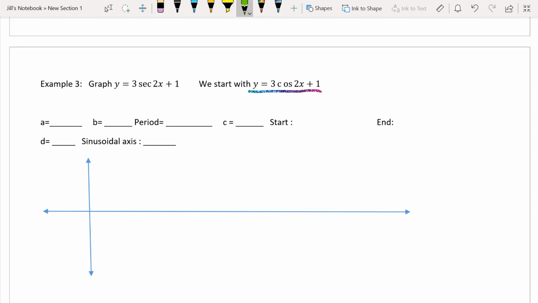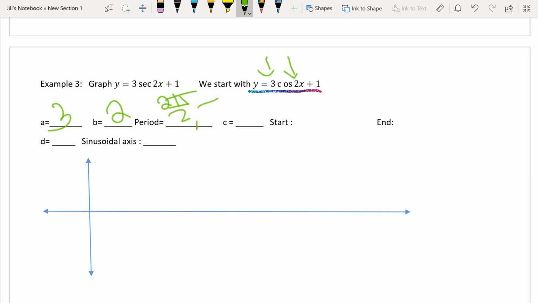Okay, so amplitude. The amplitude is 3. That's the amplitude right there. B in this case is 2. B is the number in front of the x. So the period of this graph, you always take 2 pi and you divide it by 2.